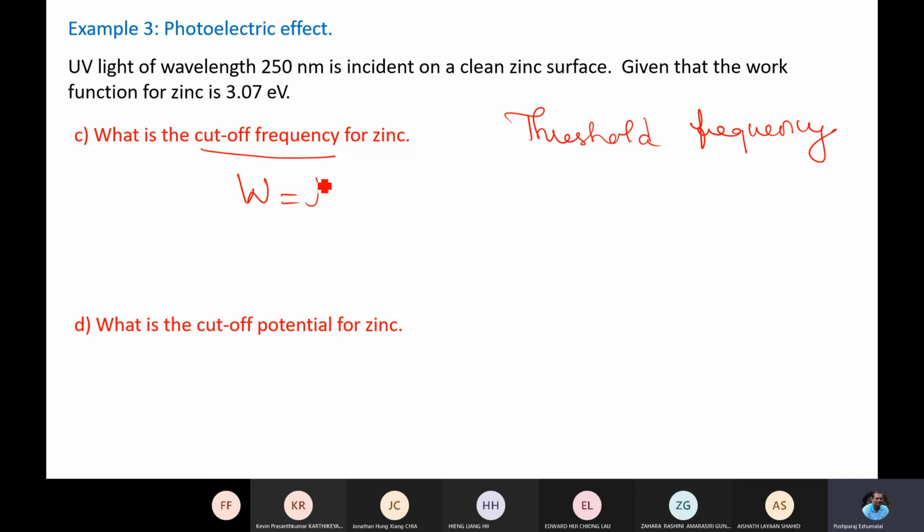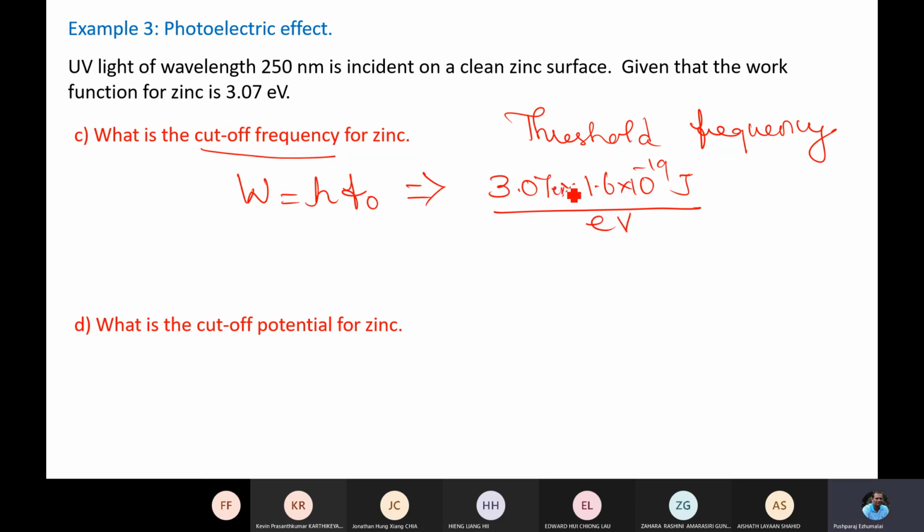Work function is equal to h f naught. What is the work function? This implies 3.07 electron volt converted into joules. So 1.6 into 10 power minus 19 joules divided by 1 electron volt.